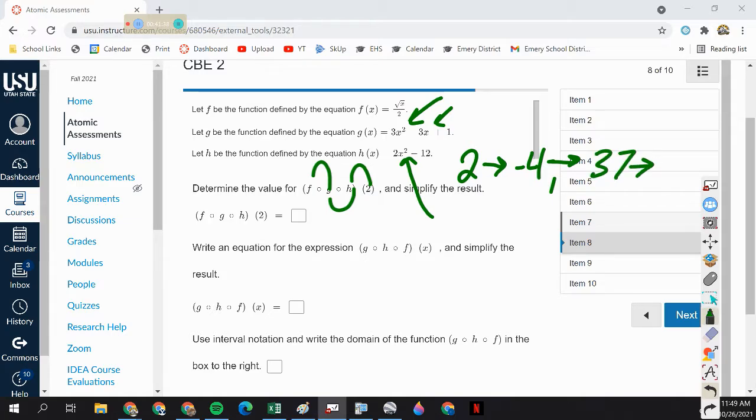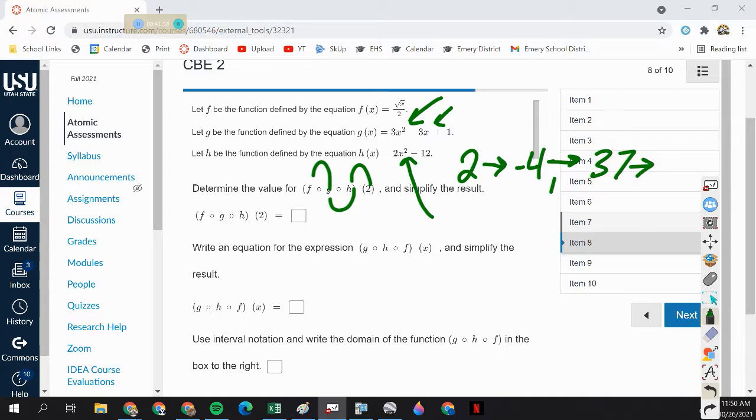What do I do with 37? No, did I mess it up? Oh, it's negative 4. I did mess it up. Oh, geez.